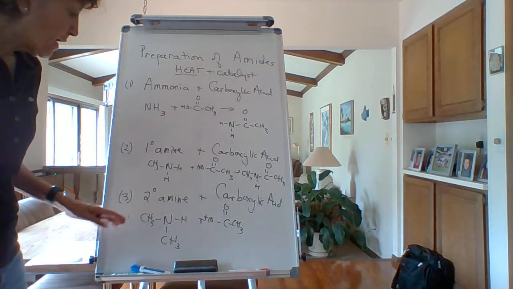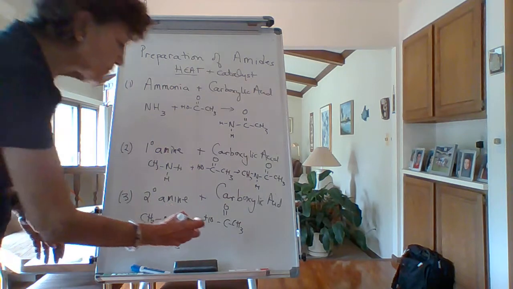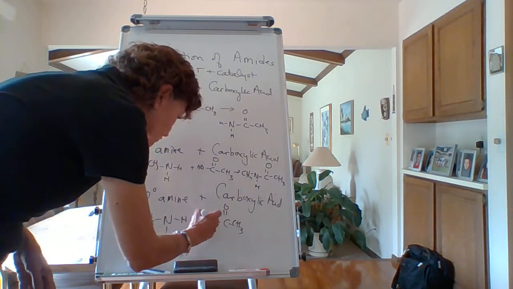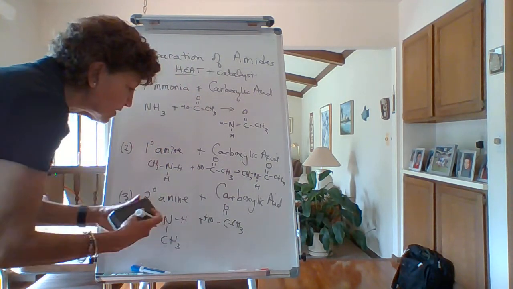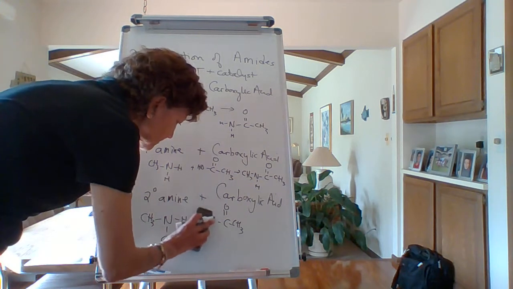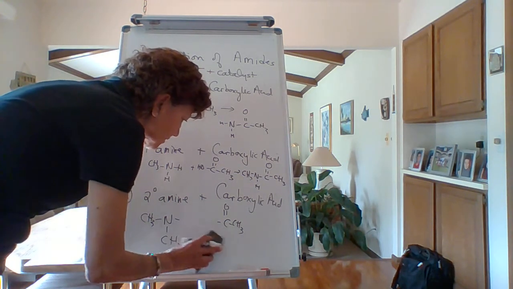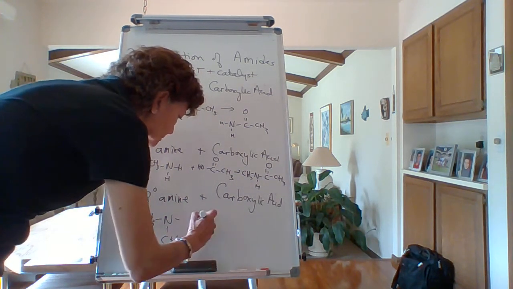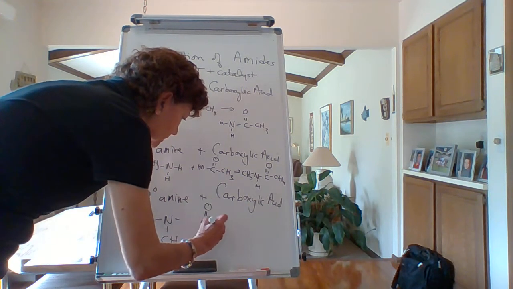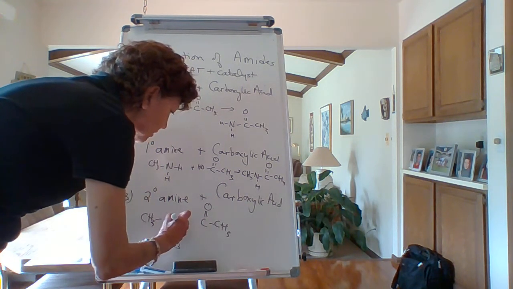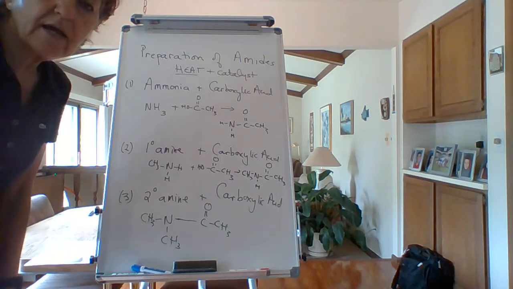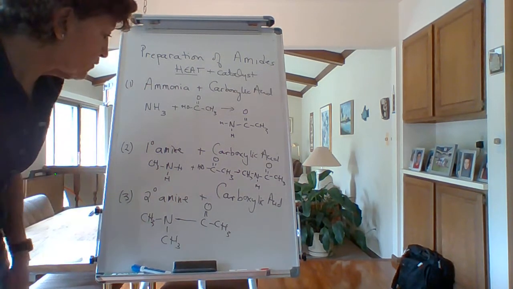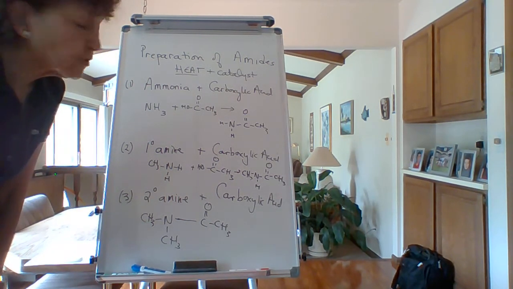All right. And I'm going to remove an HOH. So this OH and this H, just to make my life a little easier, I'm just going to go ahead and remove them. Scoot this over a little bit. So I removed a molecule of water, and voila, there you go. You've got a tertiary amide.